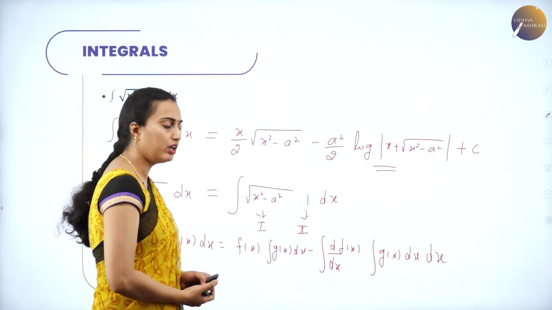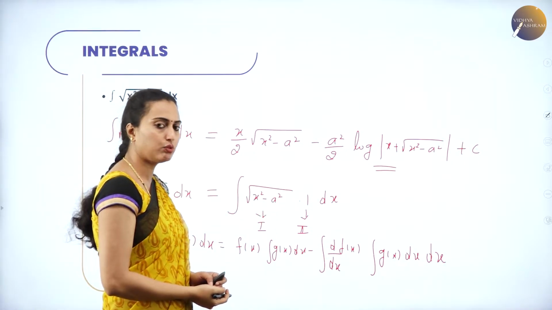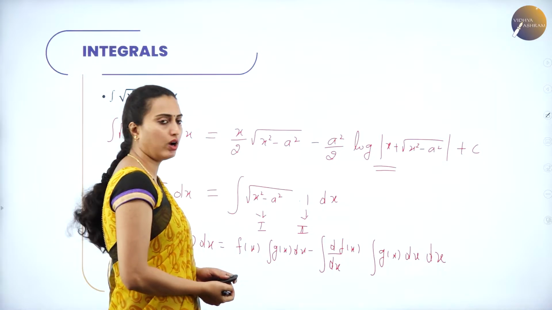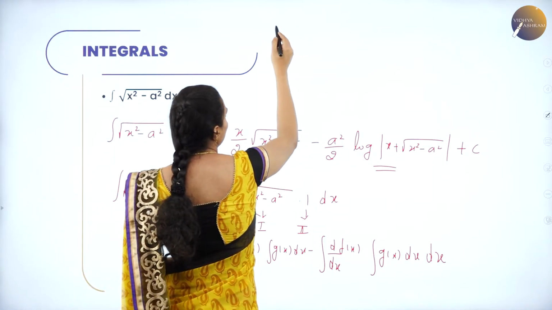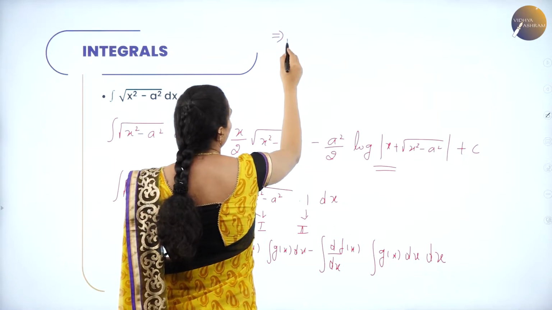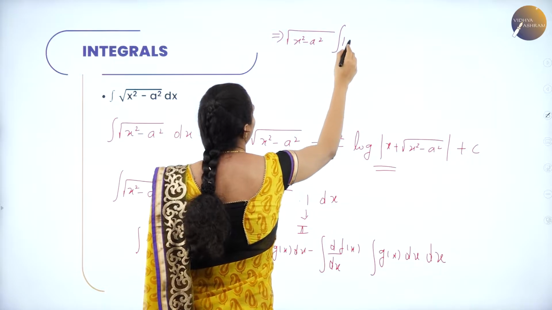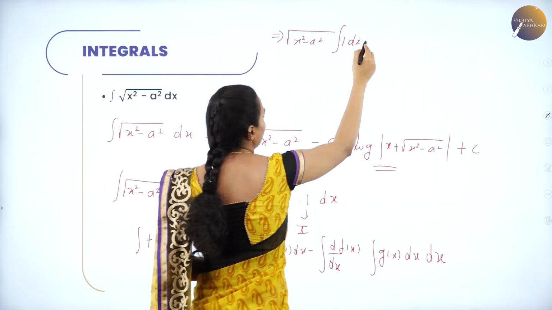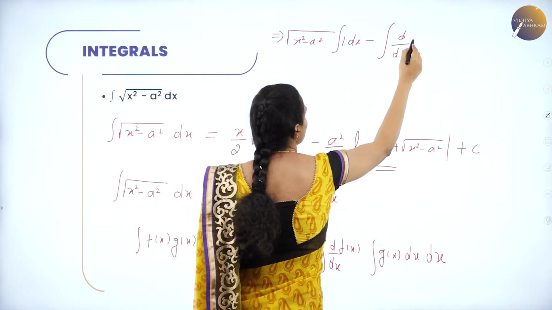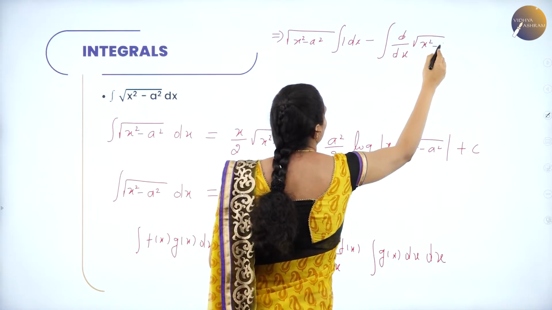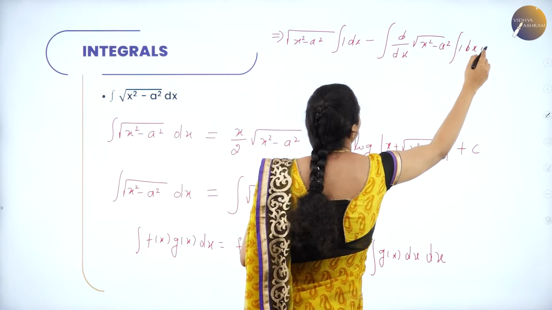According to this formula, let me take the first function as root of x squared minus a squared, second function is nothing but 1. So accordingly, if we do, we are going to get first function into integral of second function minus integral of d by dx of first function into integral of second function, isn't it?